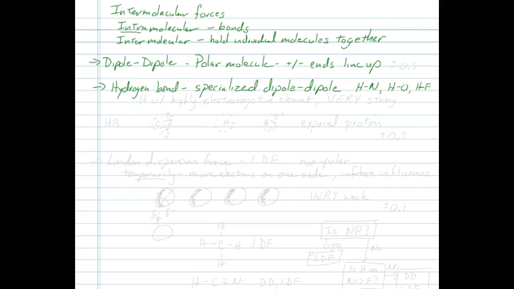If you have anything like this, where hydrogen is directly combined with nitrogen, oxygen, or fluorine, these are the highly electronegative atoms.